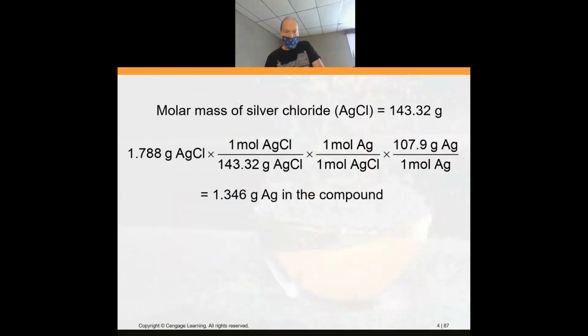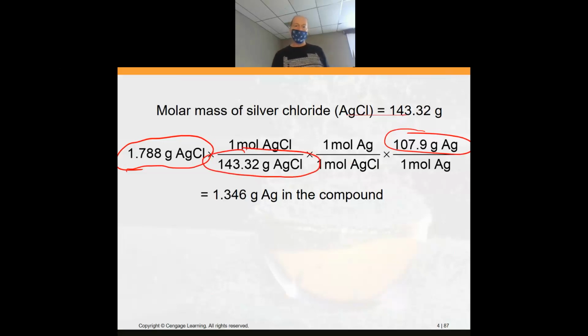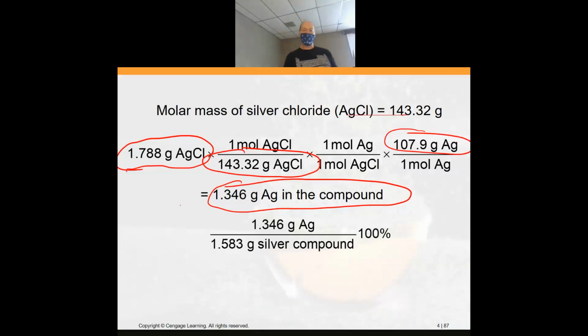All right, so again, you have your silver chloride, and we're going to get the percent silver by taking the molar mass of silver and dividing by the molar mass of the silver chloride. And that's how you get the amount of silver in the silver chloride. We know that all that silver came from the soluble compound. All right, and so you take that amount of silver that we precipitated out, divided by the silver compound times 100.